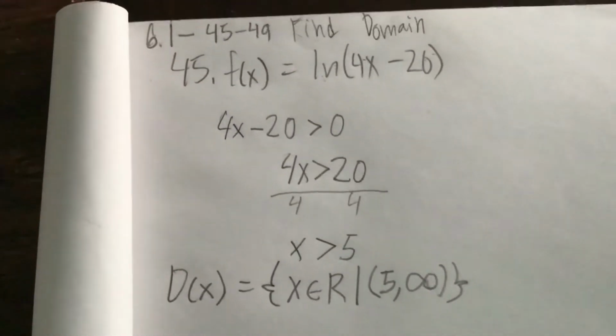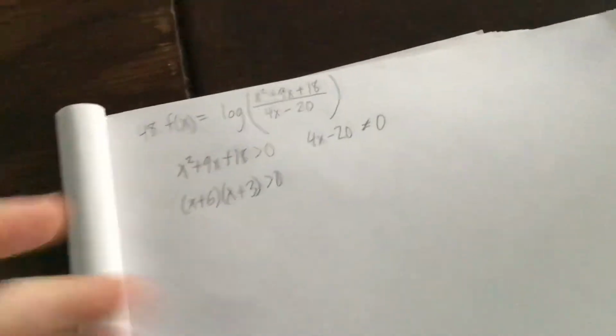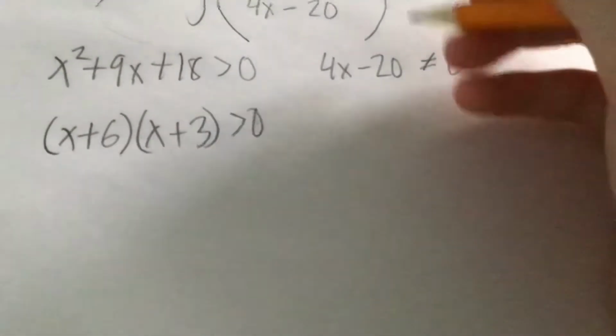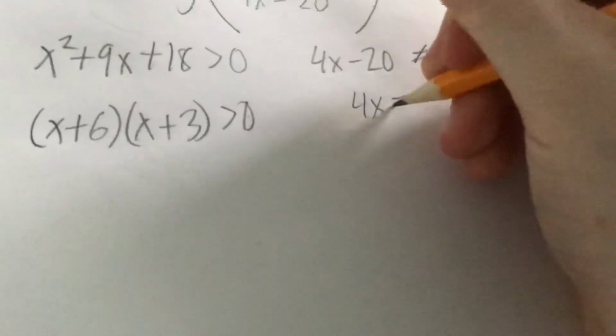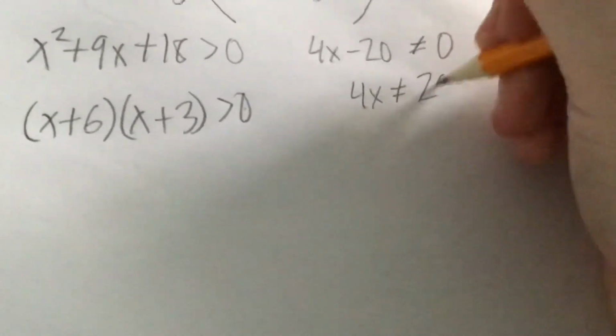So we have this one, see? The 4x minus 20, okay? And we solve this the same as we did last time. We'll say 4x is not equal to, and then we add 20 to both sides, so we say 20.